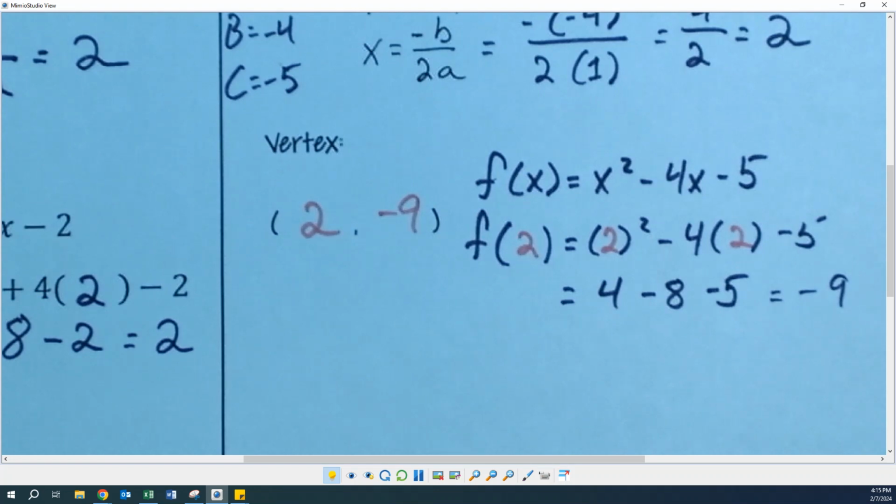If you would, go ahead and plot that point, identify your y-intercept, and plot your y-intercept.